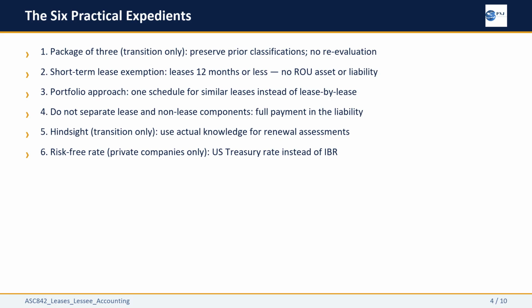The non-separation election keeps the full bundled payment in the lease liability rather than separating the service component. Hindsight was another transition-only option, allowing you to use after-the-fact knowledge about whether renewal options were exercised. And the risk-free rate election is available only to private companies as an alternative to IBR.